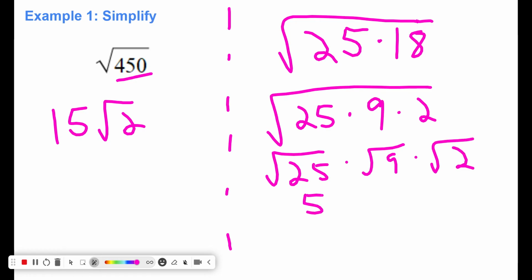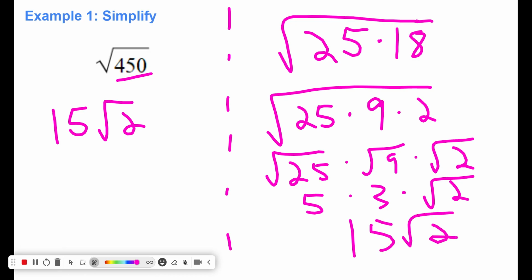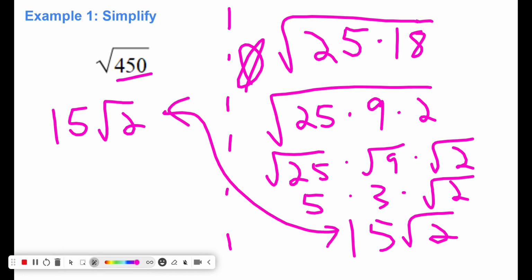Square root of 25 is 5, square root of 9 is 3, and the square root of 2 stays at root 2. 5 times 3 is 15. So this step took a little bit longer, but we still ended up in the same location. Both are good ways to get to the answer.